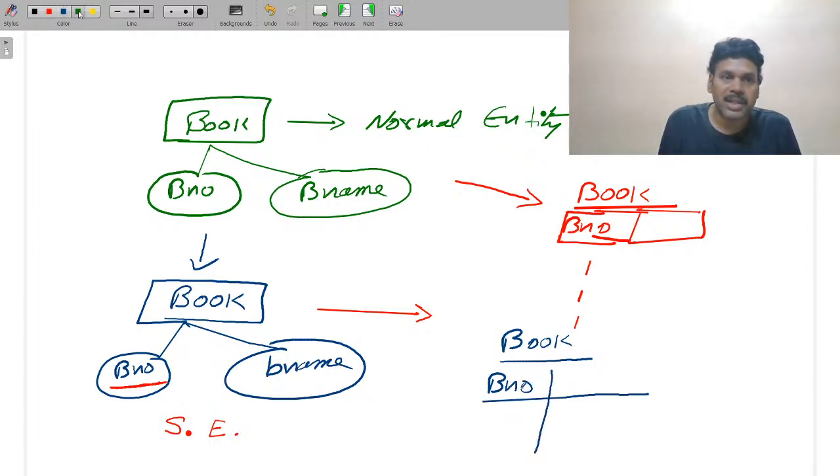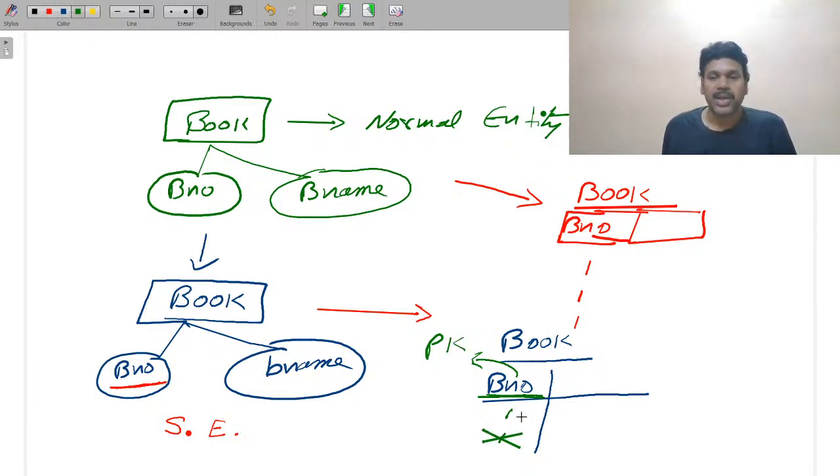But I am identifying this book number as the candidate key. Therefore, you cannot give any kind of duplicates in that. So this is how it restricts duplicates, by specifying a strong key. This is the strong attribute. The strong attribute turns your normal entity into a strong entity. And this is a normal entity because no key attribute is available in the book relation.